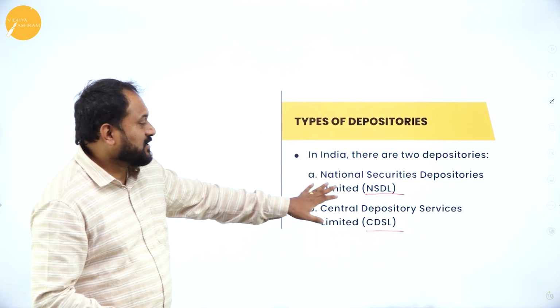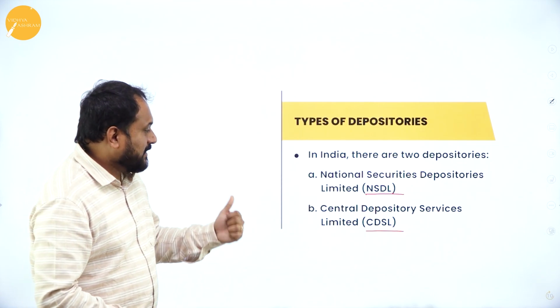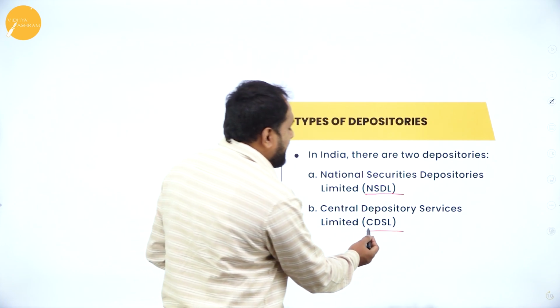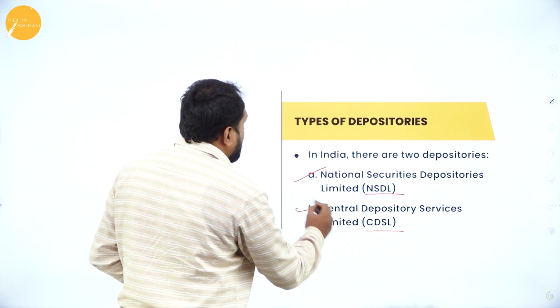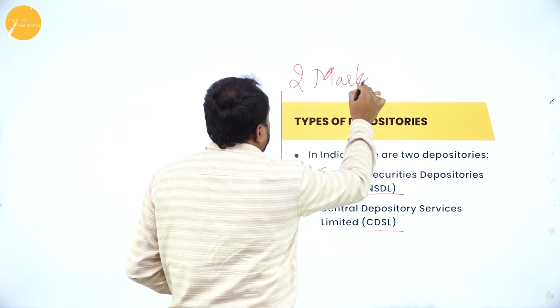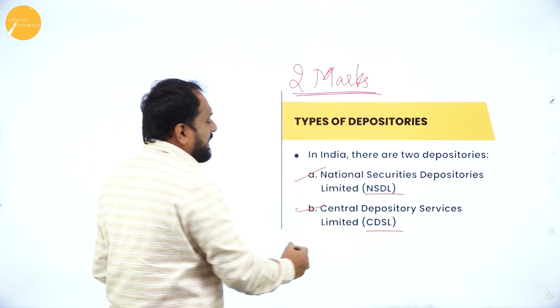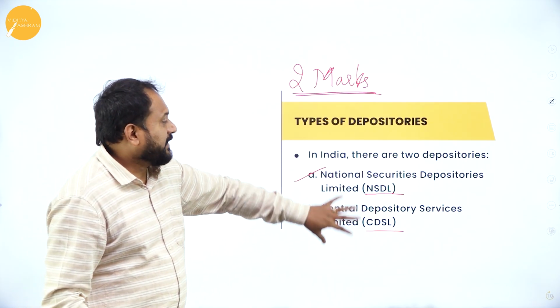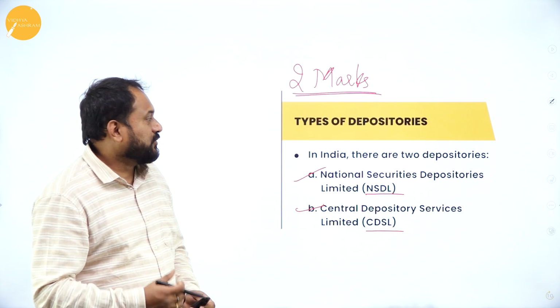NSDL means National Securities Depository Limited. Central Depository Services Limited is called CDSL. So this is a 2-mark question, please do not forget these. You don't need to explain what exactly they are. The question will be, give 2 depositories of India.